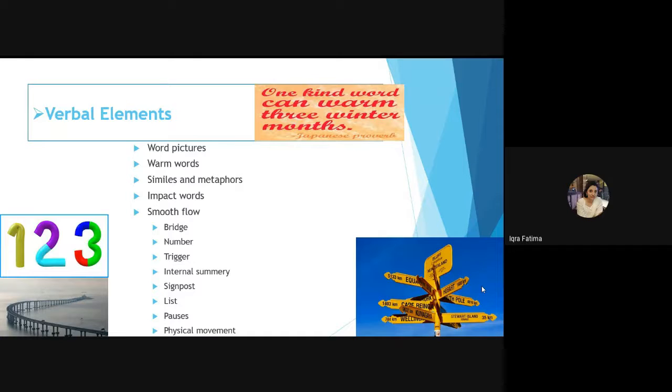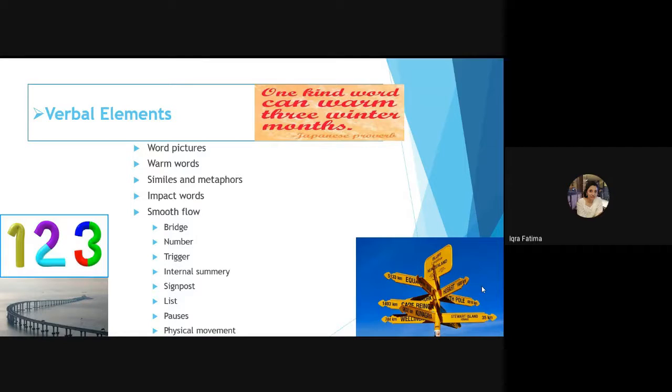First one is bridge. A bridge is a word which connects different words or different sentences. Let's suppose I'm saying that we completed the project in January, meanwhile other developments were taking place. So this meanwhile is linking those two different sentences.